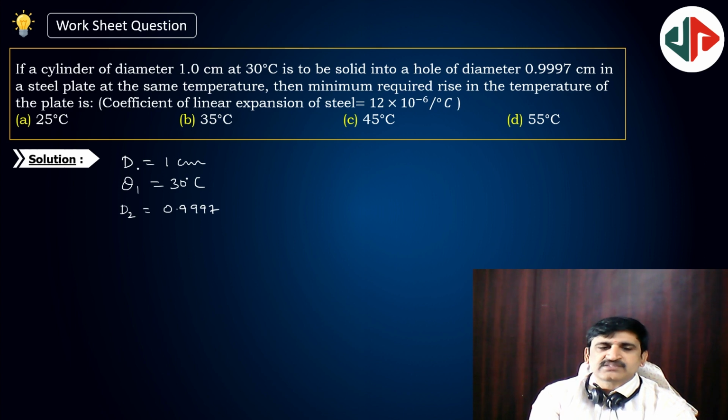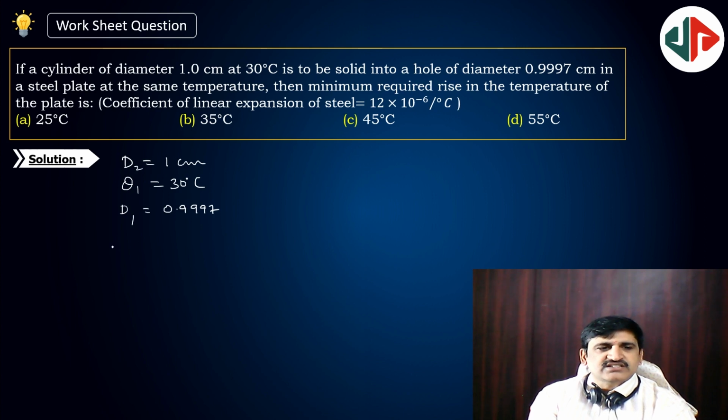That means it must be heated. Then the minimum rise in temperature of the plate is required. So you need to take the lower one as D1 and the other one as D2. So this one D1, this one D2.